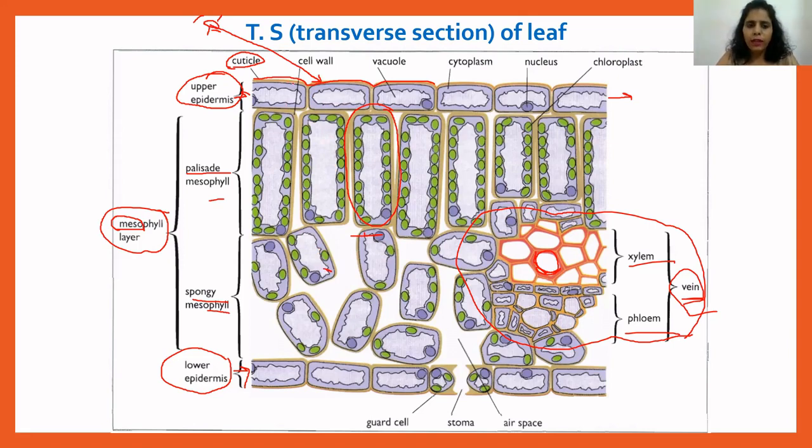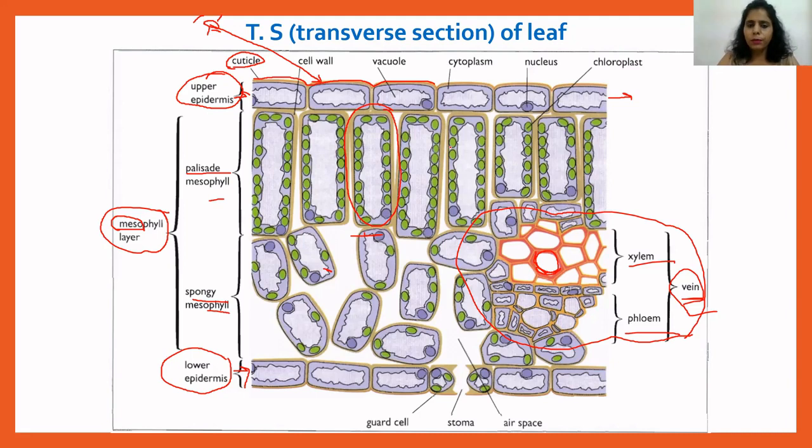So if upper epidermis had chloroplast in it, what would happen? The entire sunlight falling on the leaf would be trapped by the epidermal cells itself. Very little light energy would be able to pass to the palisade mesophyll cells, so the rate of photosynthesis would decrease. Hence, this is how the leaves are adapted: the upper epidermis and lower epidermis both lack chloroplast.